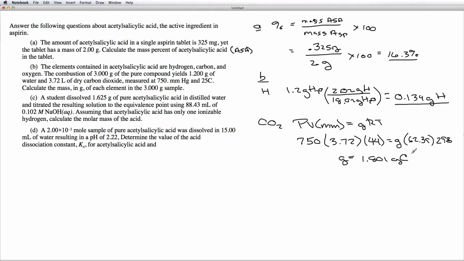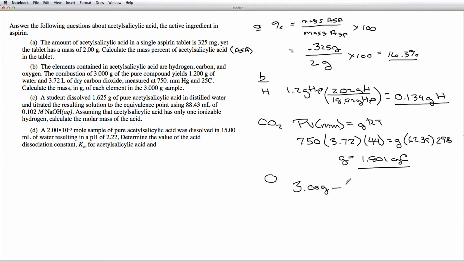So we have two of them down. Now the last one we need to find is the amount of oxygen. We know the total amount is 3.00 grams. If I take these other two and subtract them from that, I should get whatever is left over, which will be the oxygen.